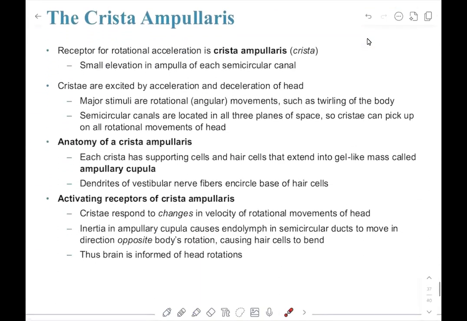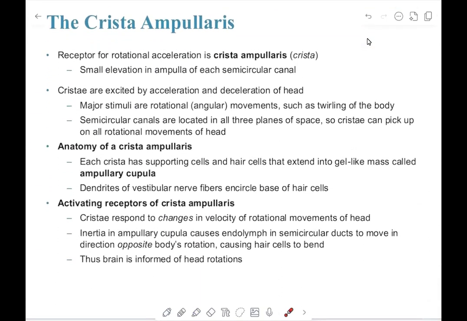On our next slide, we now are referring to receptors of the semicircular canals, or the cristae. And they are going to be within the semicircular canals, and they're excited by acceleration or deceleration of the head. And it's rotational or angular movement, like twirling of the body, and it would not be static equilibrium. So this is what we refer to as dynamic equilibrium.